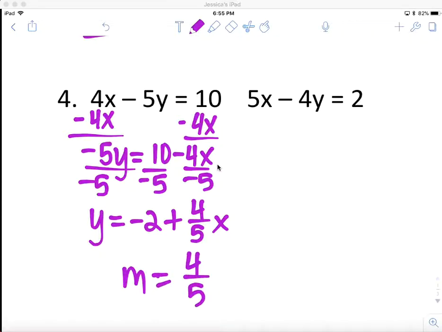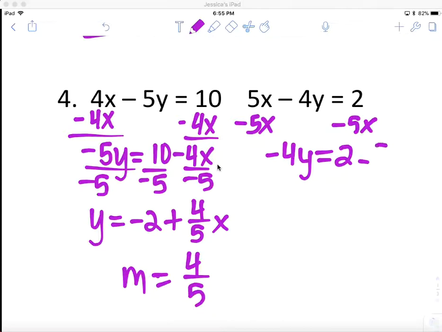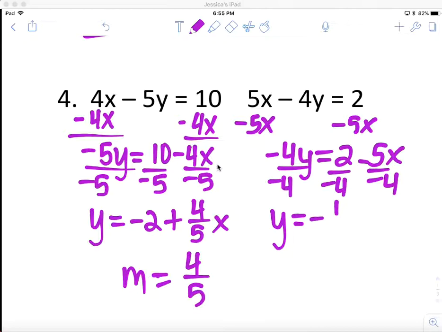For the second equation, I'm going to subtract 5x on both sides. Then I'm going to divide everything by -4. When I do that, 2/4 is -1/2, and -5/4 becomes positive 5/4x.